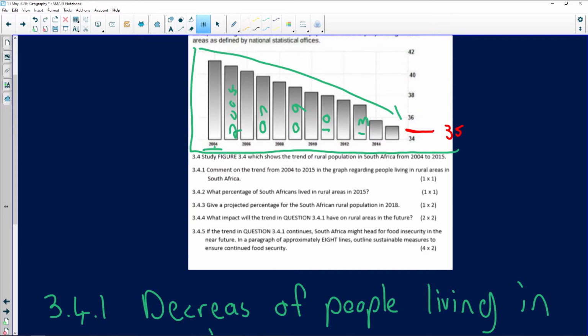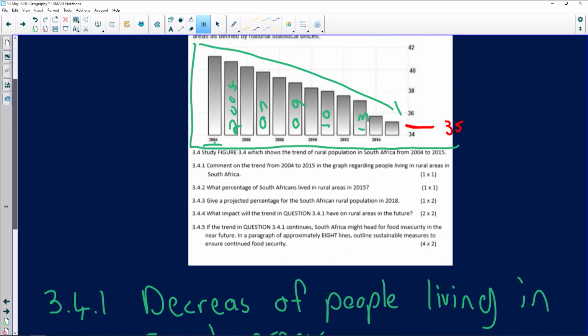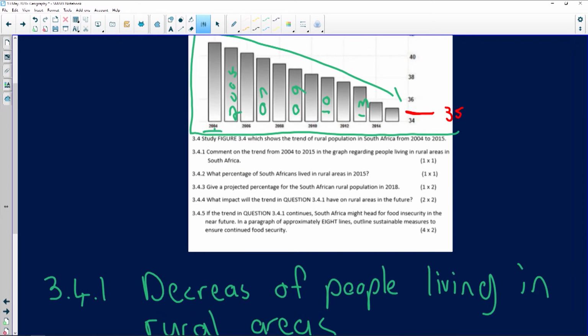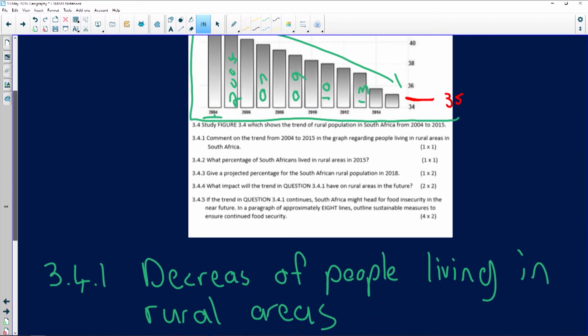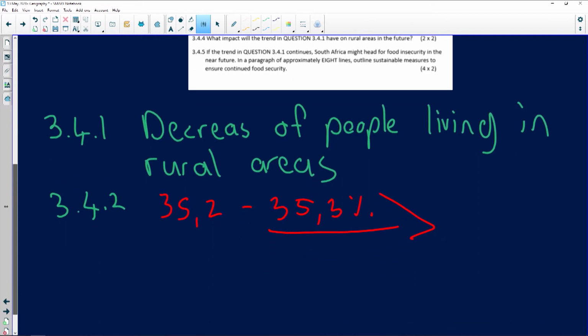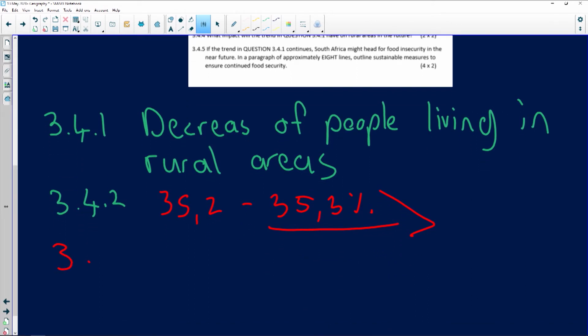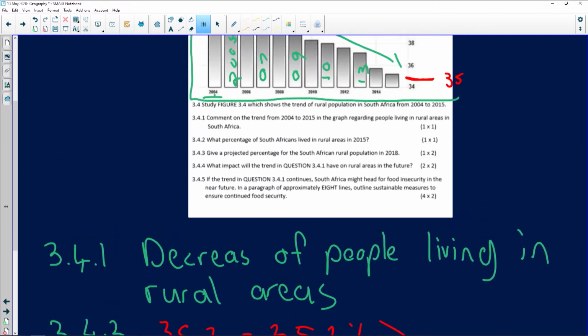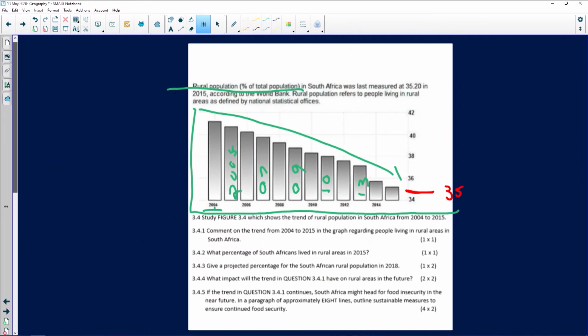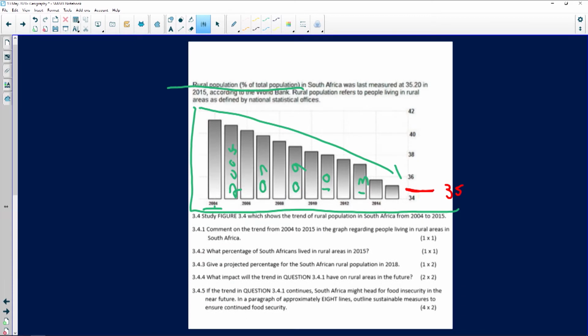A projection is not guessing, but by looking at the data in front of you, you can make a calculated guess, and that's a projection, of how many people will be leaving the rural areas in 2018.